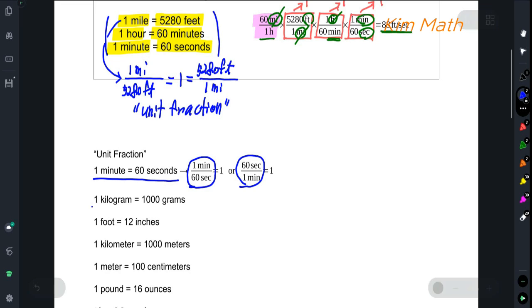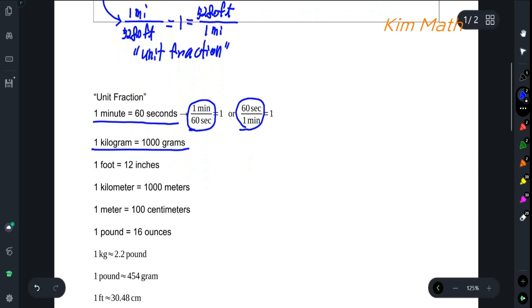Many relations, and from them we can make so many different unit fractions. For example, 1 foot equals 12 inches, then 1 foot over 12 inches equals 1. If we need, you can make 12 inches over 1 foot. This is also 1.